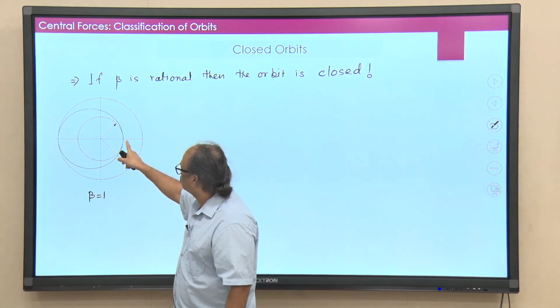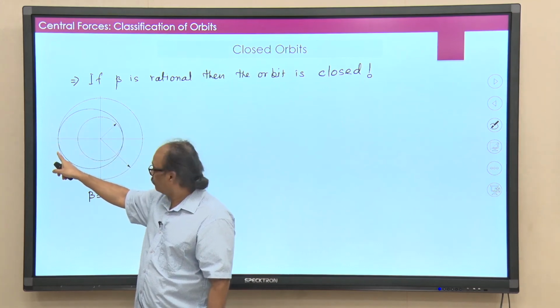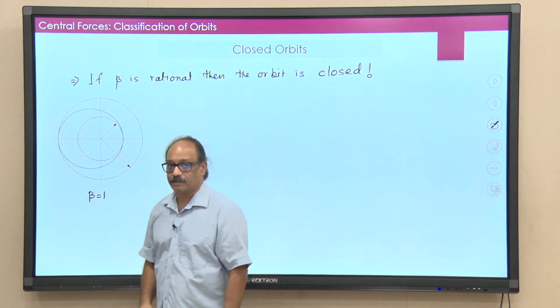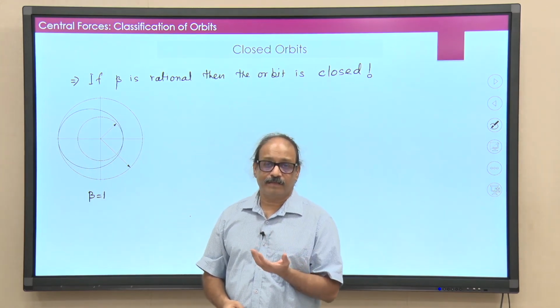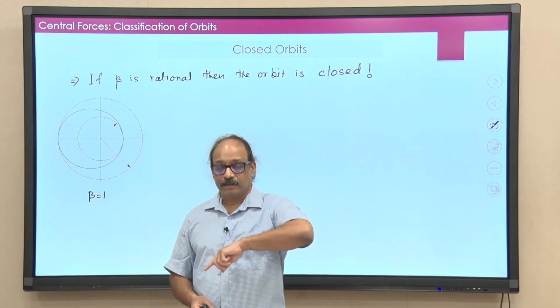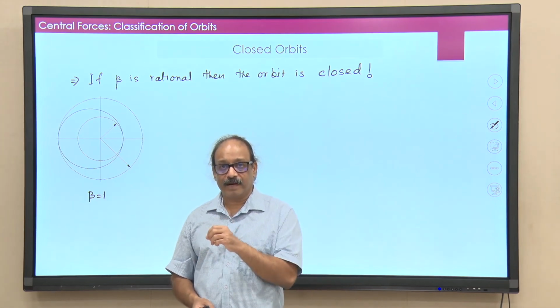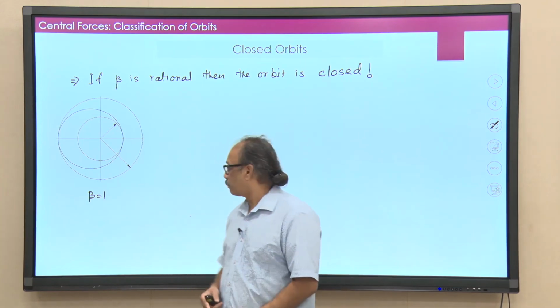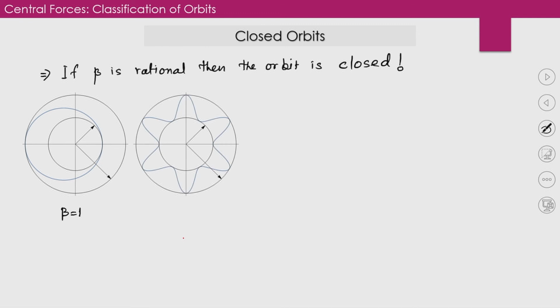So the orbit goes to a maximum, that is r2, then comes back and has the same value when theta is equal to 2 pi. That is when you get the closed orbit. When theta goes through one cycle and u comes back to the same value, that is your closed orbit. But those are not the only possibilities. How about this one?